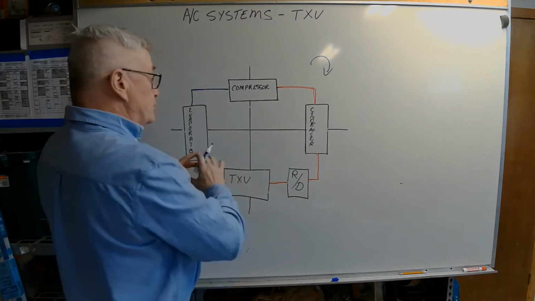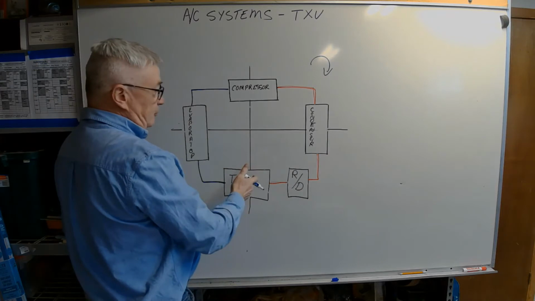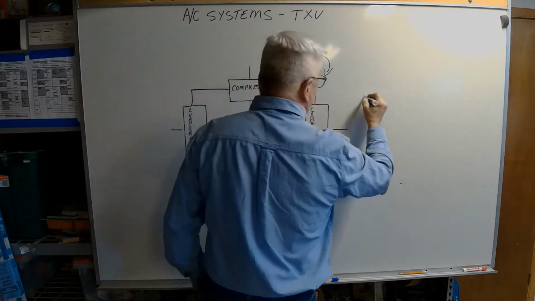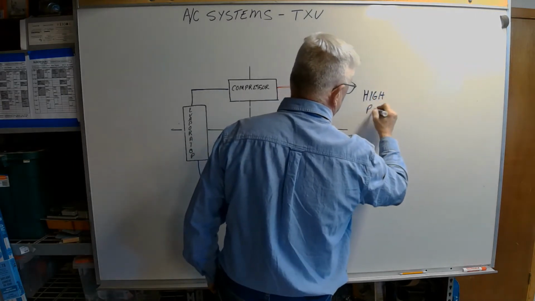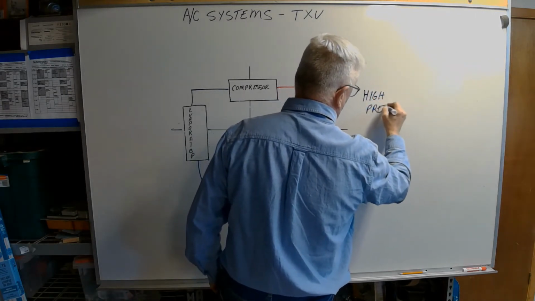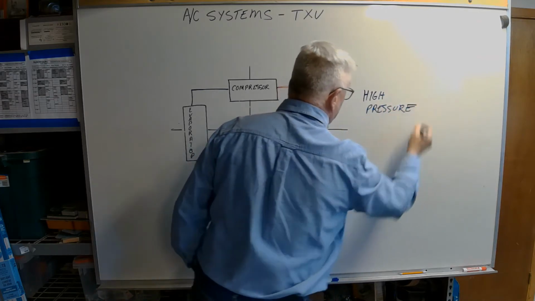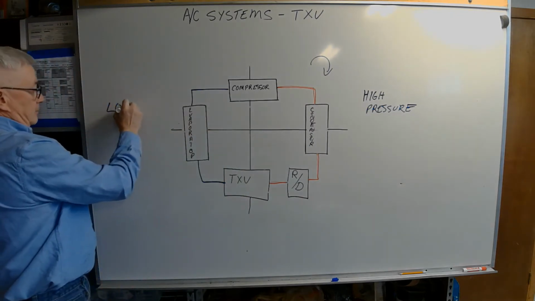All right. So the way that I describe this is everything to the right side of this vertical line is going to be high pressure. Everything to the left side of this is going to be low pressure.